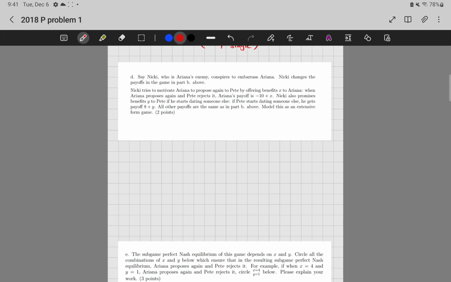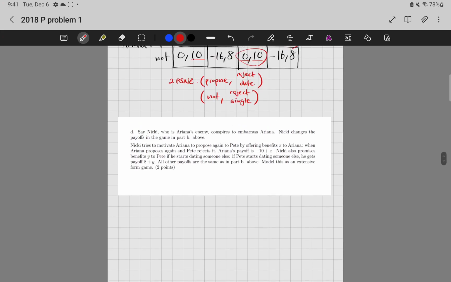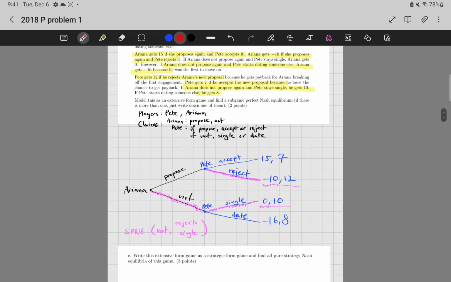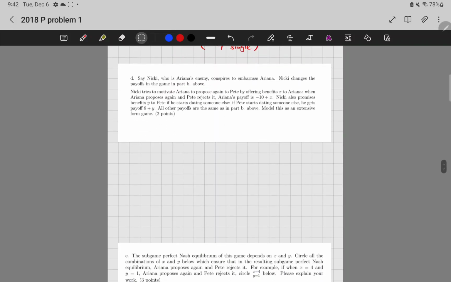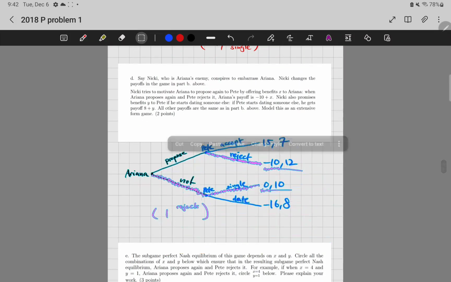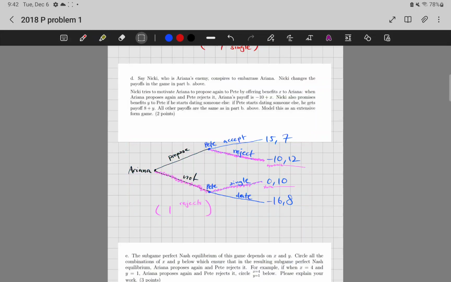Because section D bases its answer on the answers of section B, we can just go to section B and copy the extensive form game so we don't have to write the whole thing again, and paste it here.